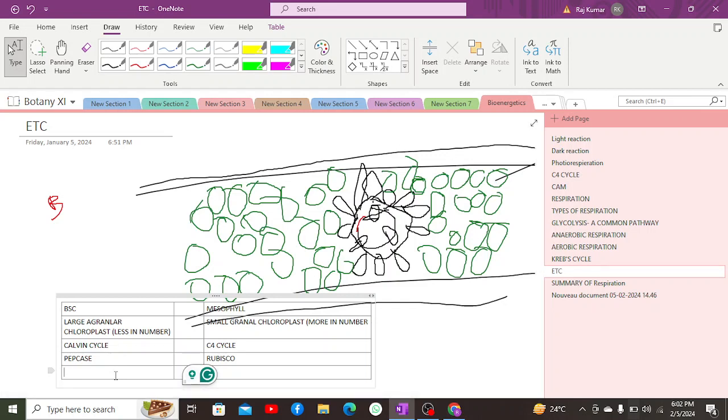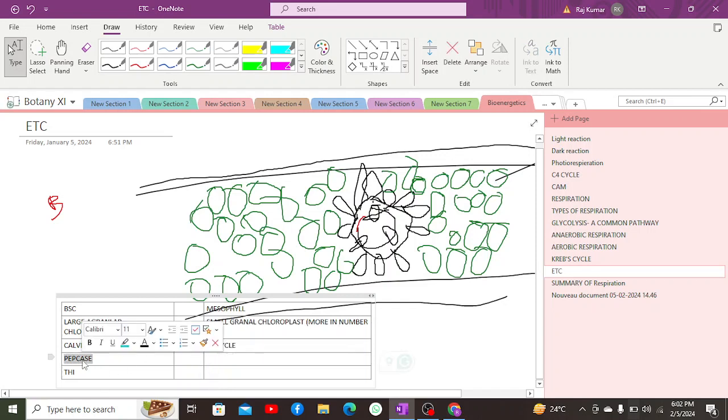Likewise, bundle sheath cells are basically having thick, sorry, bundle sheath cells. Oops, there's a mistake. Here there is the presence of Rubisco. The Calvin cycle occurs in bundle sheath cells, so here there is Rubisco. Here there is PEPcase, right?